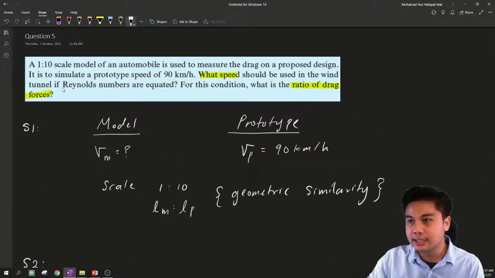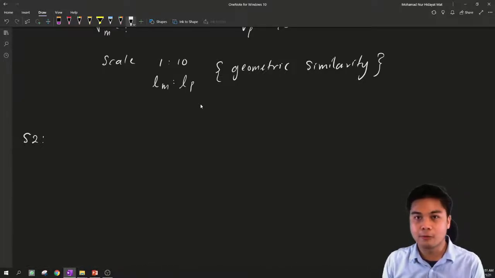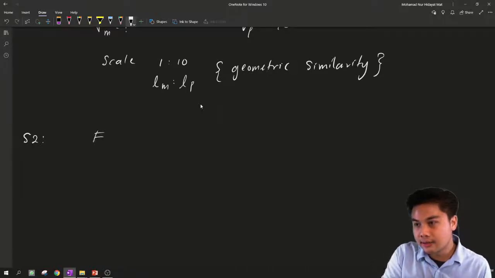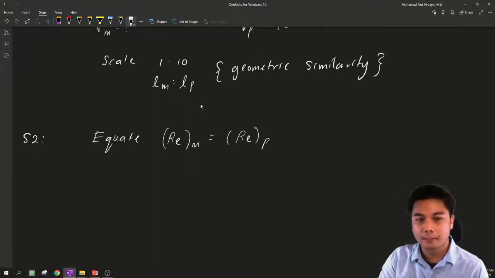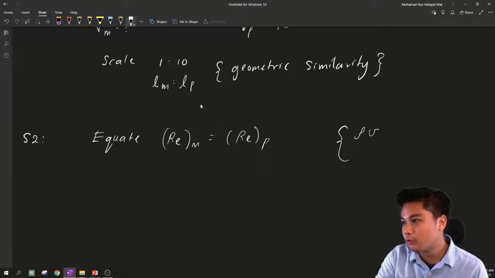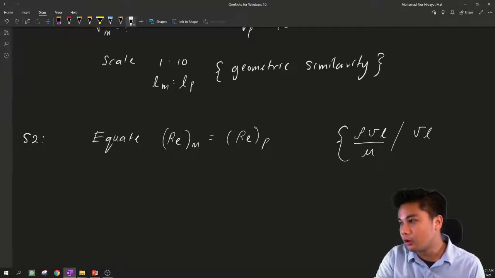Here the question asks if Reynolds numbers are equated. So what's the Reynolds number for the model and the prototype? Equate Reynolds number of the model to Reynolds number of the prototype. Reynolds number by definition is rho VD or rho VL over mu, or VL over nu.